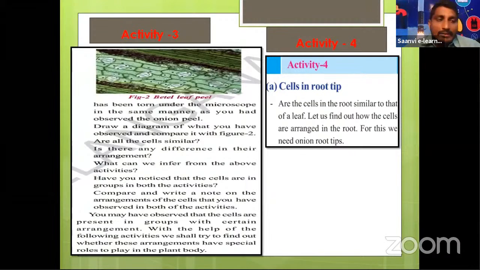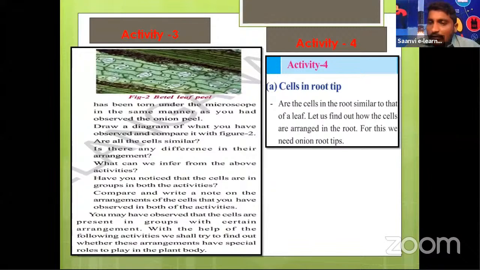Okay, thank you. What about activity 3? Yes, in activity 3, cells' shape and size vary from one another, right or not? In activity 3, cells' shape and size vary from one another depending on their function, children.